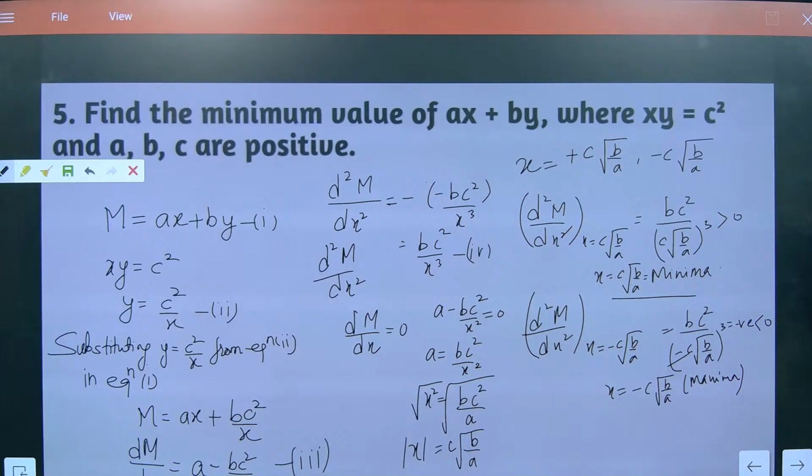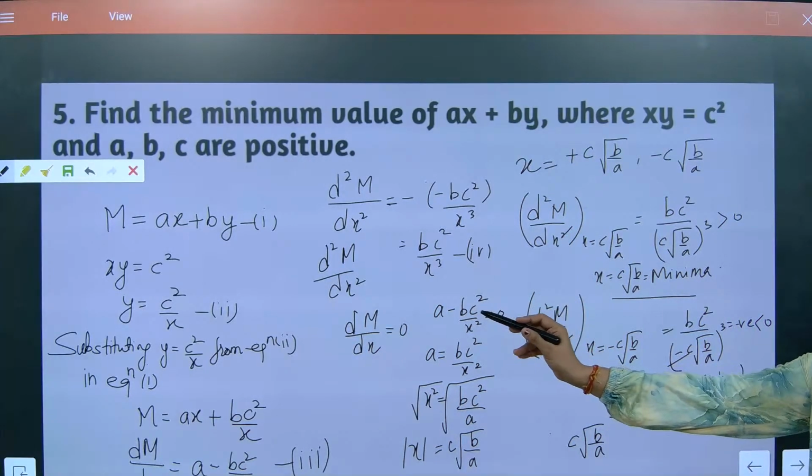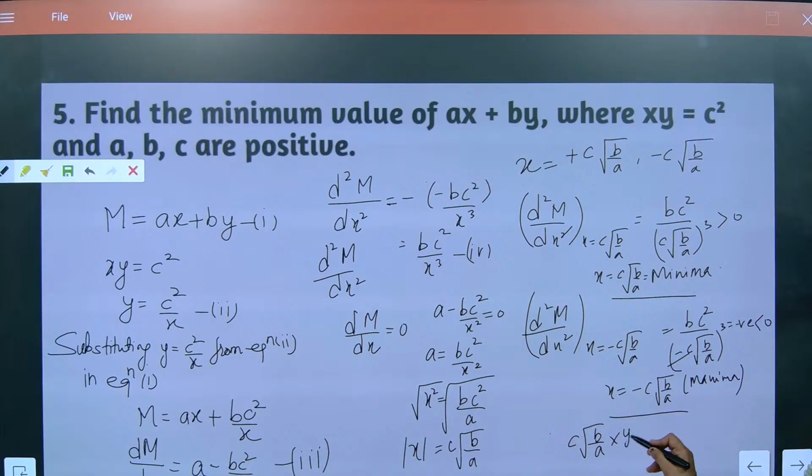We can get now beta. X value you got this one. Now y value you check. X answer is coming as, what is x value? Minima, na? C root under b by a in that multiple part into y is equal to c square. Done?